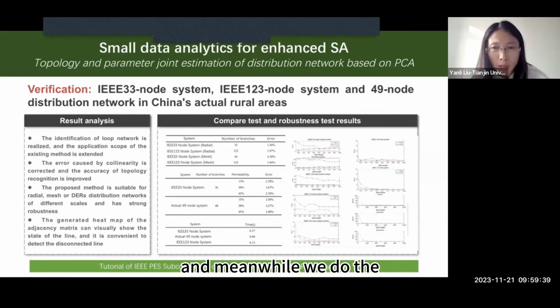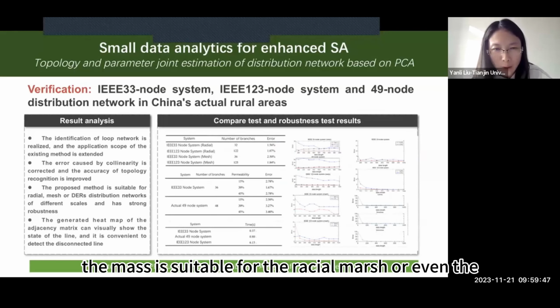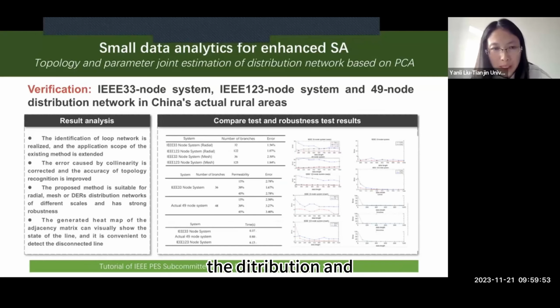And meanwhile, we do the test in systems including distributed energy resources, and we can also find that the method is suitable for radial or even loop distribution networks, including distributed energy resources of different scales, and has strong robustness.